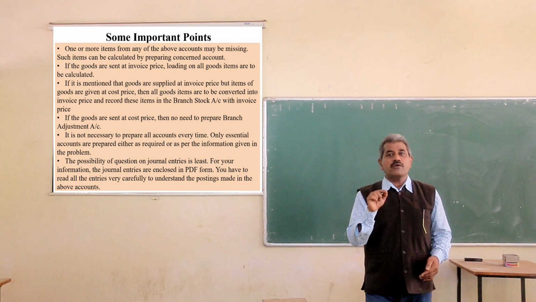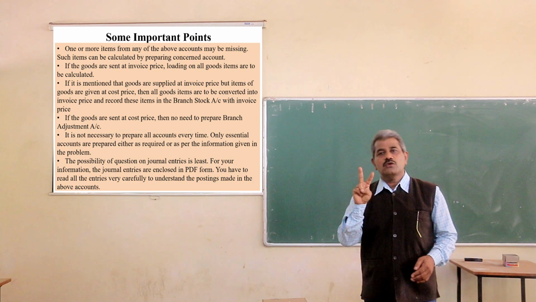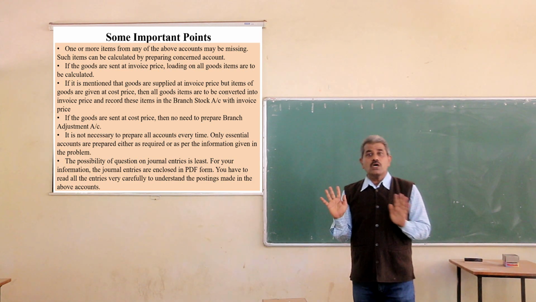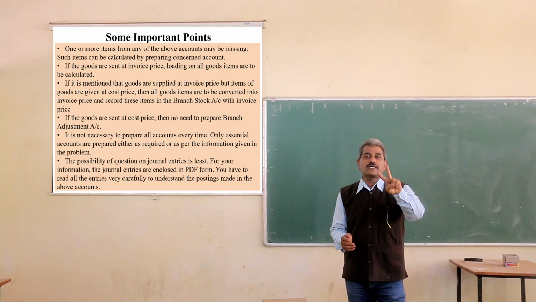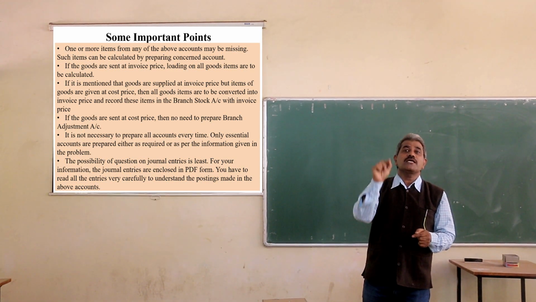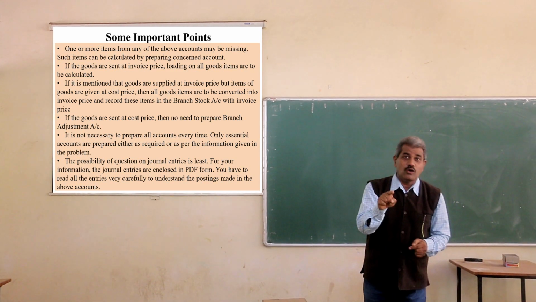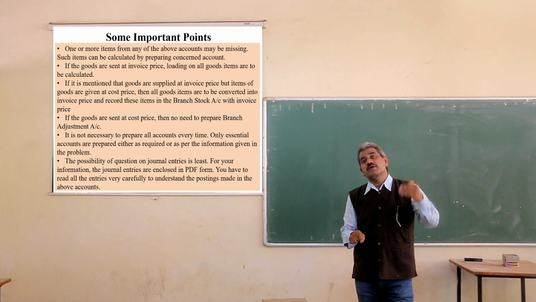If you are required to prepare only 2 accounts, that is branch stock account and branch debtors account, then 2 accounts are sufficient. So how many accounts are to be prepared depends upon 2 items. One, how many accounts you are required to prepare. And second, the information given in the problem.